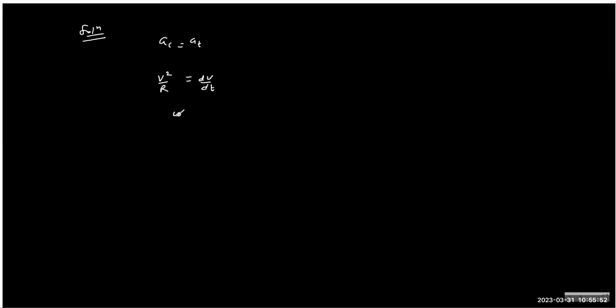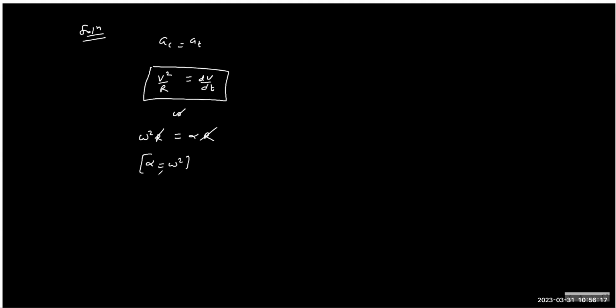The other approach is you can write omega square R and alpha into R. So basically, alpha is omega square. This is another approach. Correct? These are called differential equations.